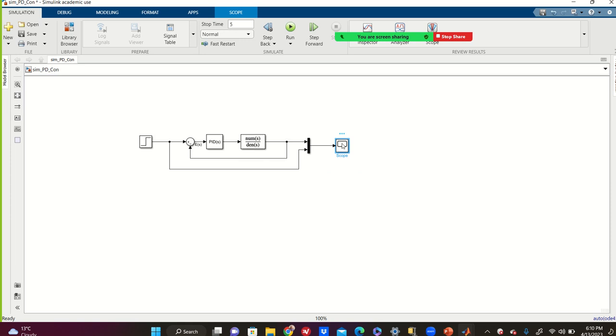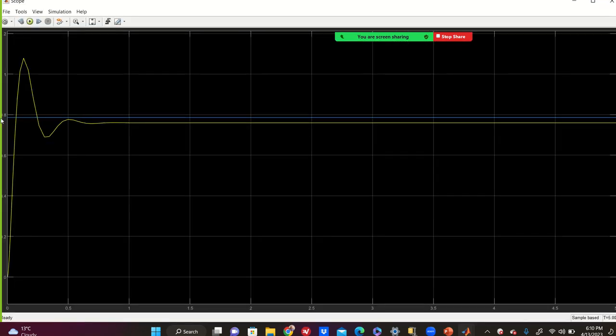The blue is the desirable input and the output, almost, with a very slight error signal here.